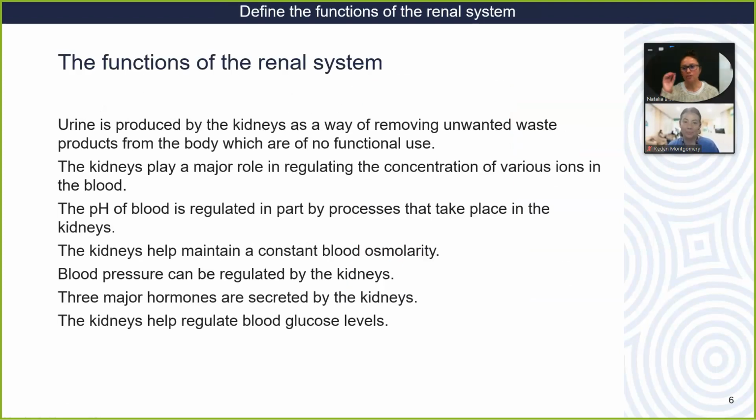All right. So the major function of the kidney, of the renal system, is to make urine. Now, we are water animals, so we use water to get rid of our rubbish, the rubbish that our cells make. So we've evolved that way to get rid of our wastes via water.